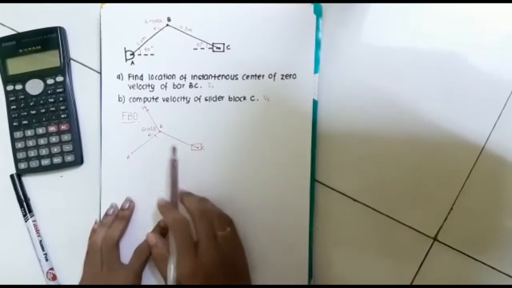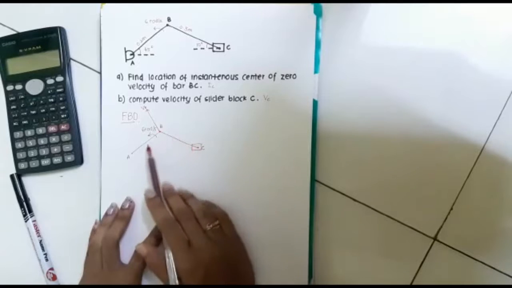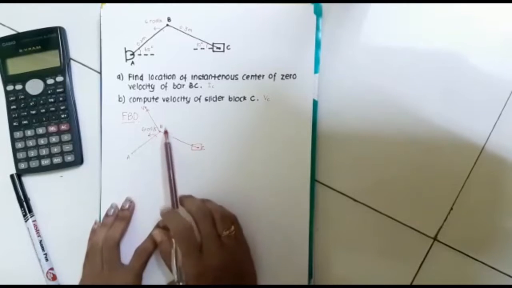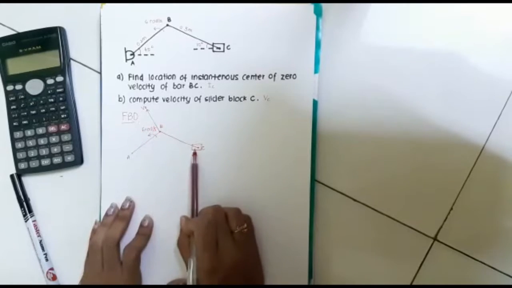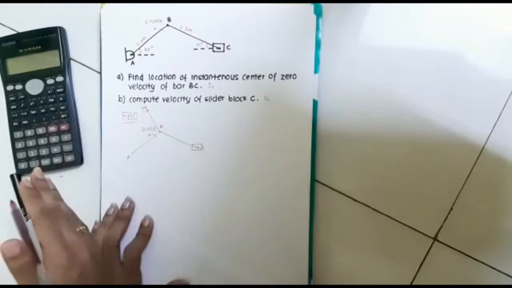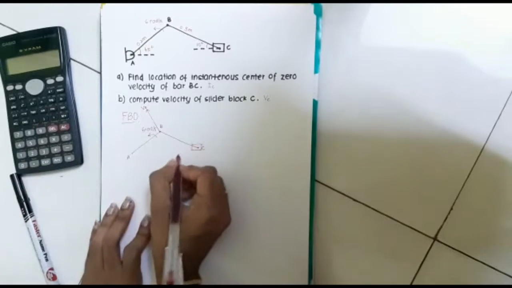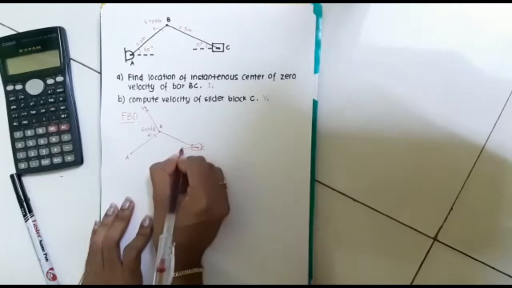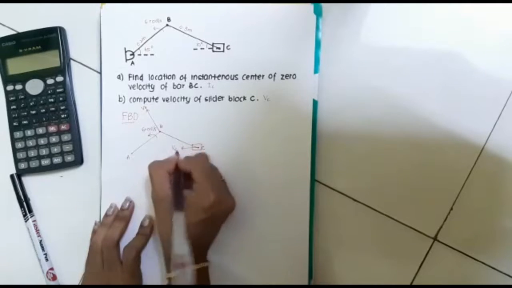Now in link BC, since the link AB moves anti-clockwise, the block C will move from right to left. So we assume that the velocity of C is moving toward the left.